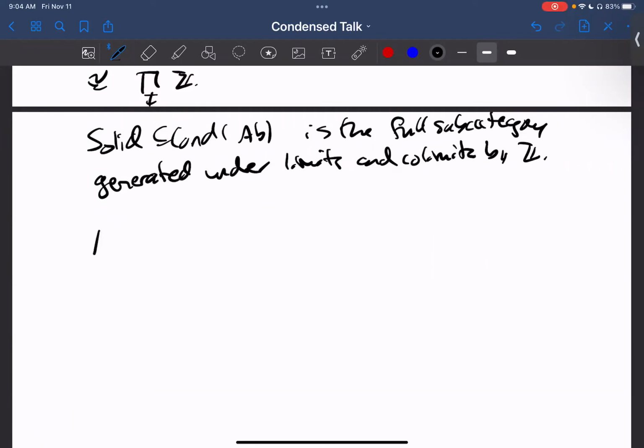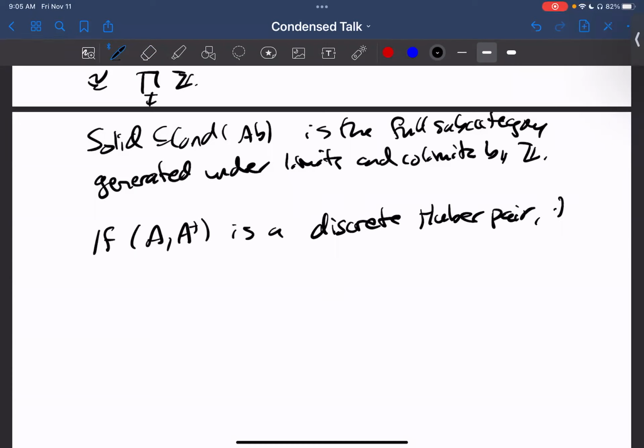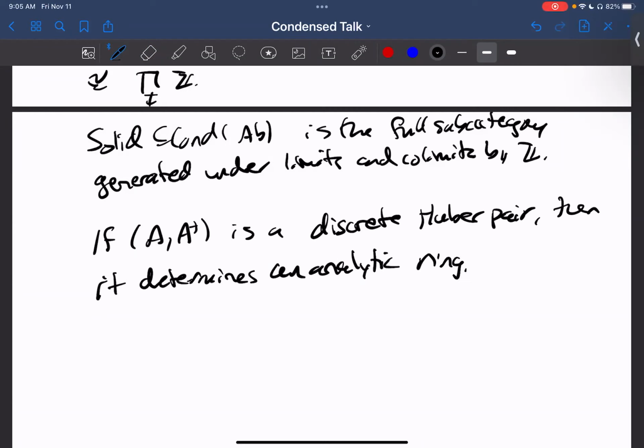So if (A, A+) is a discrete Huber pair, then it determines an analytic ring. Well, you might be asking, what is a discrete Huber pair?